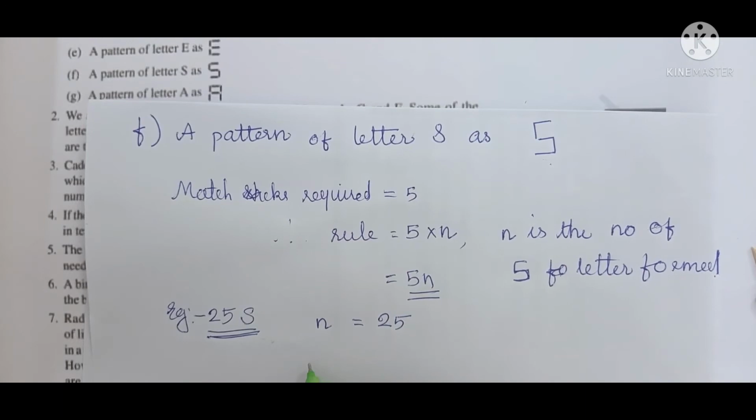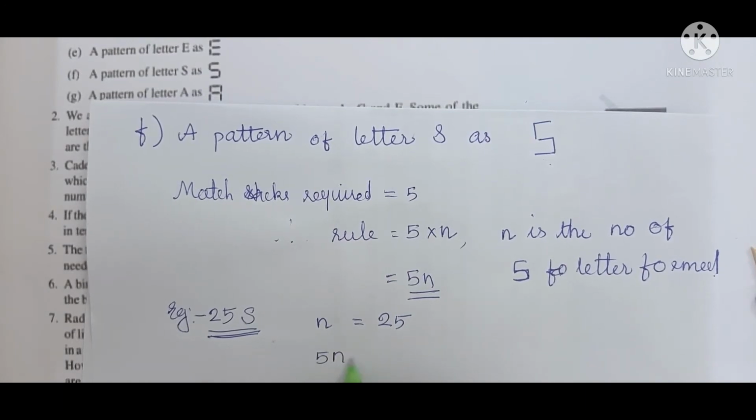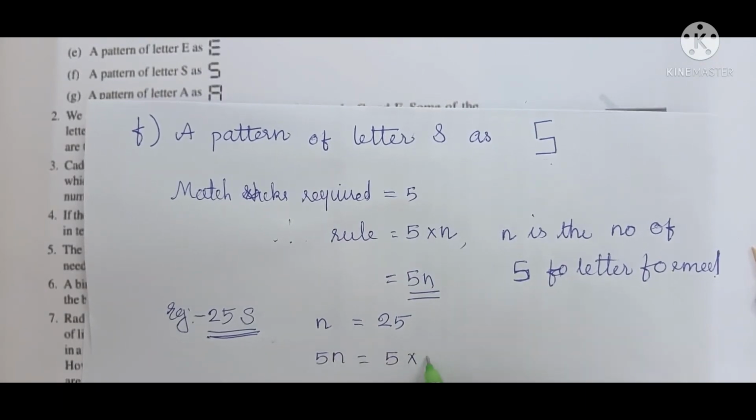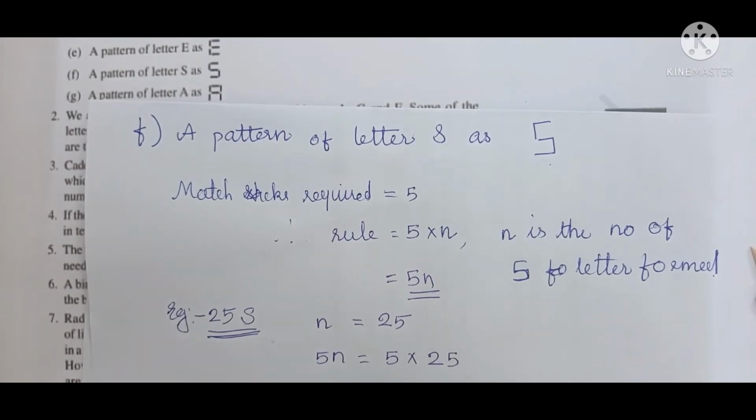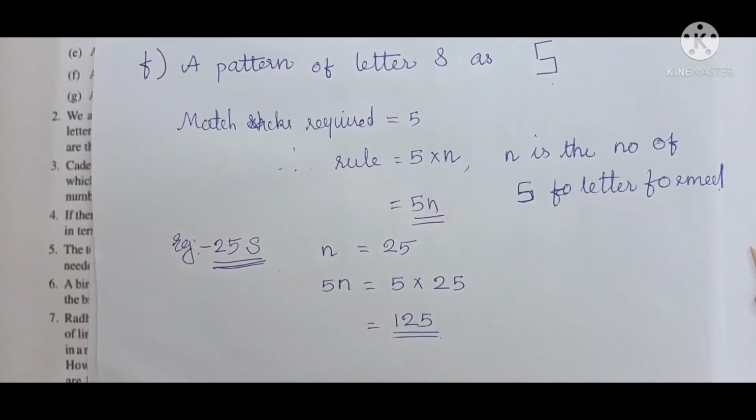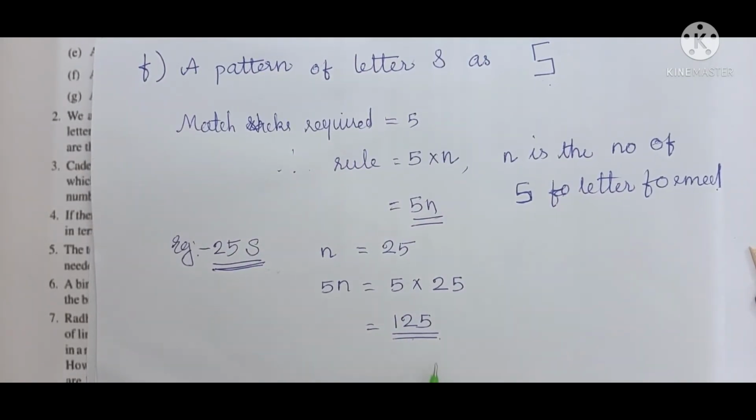So we can apply in the rule 5n is equal to 5 into 25, that is 125. So we need 125 matchsticks for making 25 S letters. Okay, so we finished one example also.